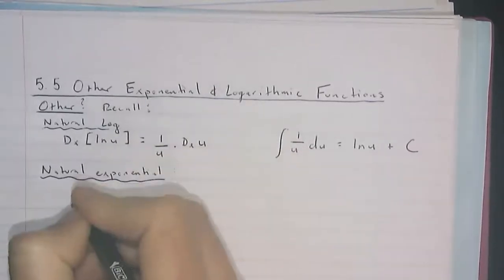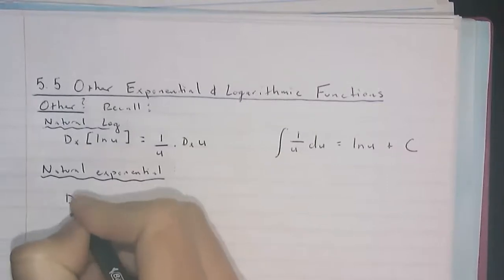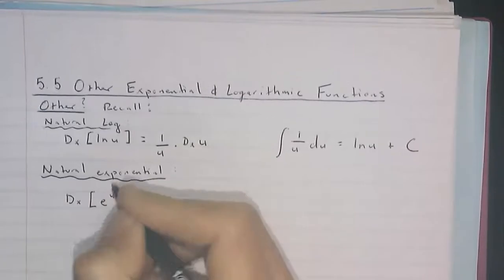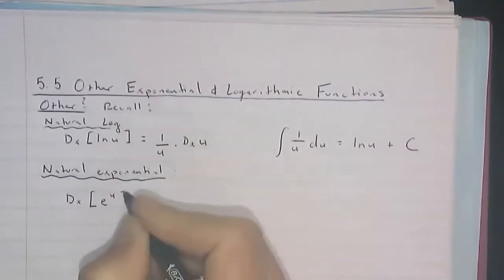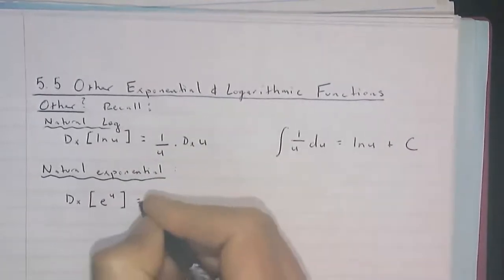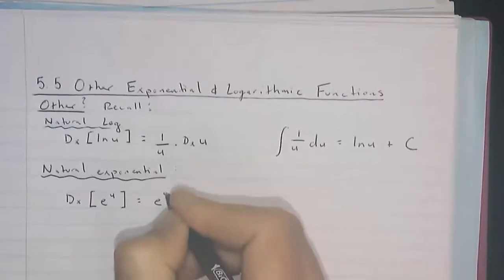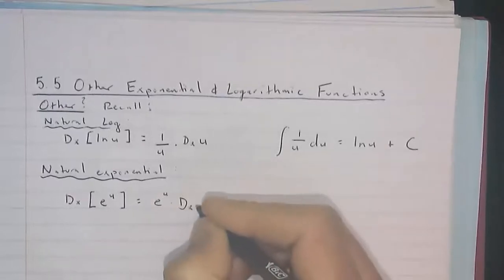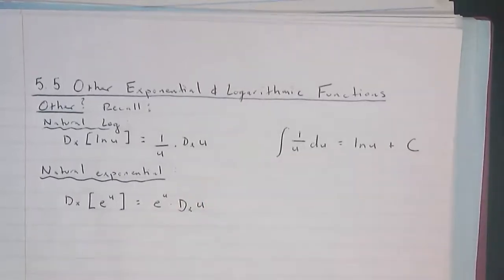And said that its derivative, where it is e to the u, remarkably, is just e to the u, with some correction in case u itself is a function. Well, chain rule action.